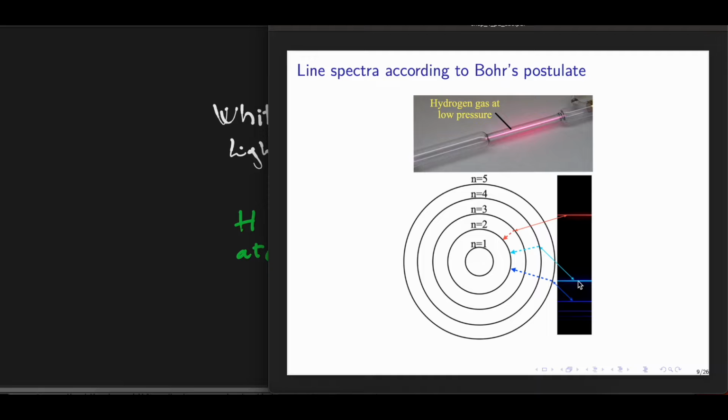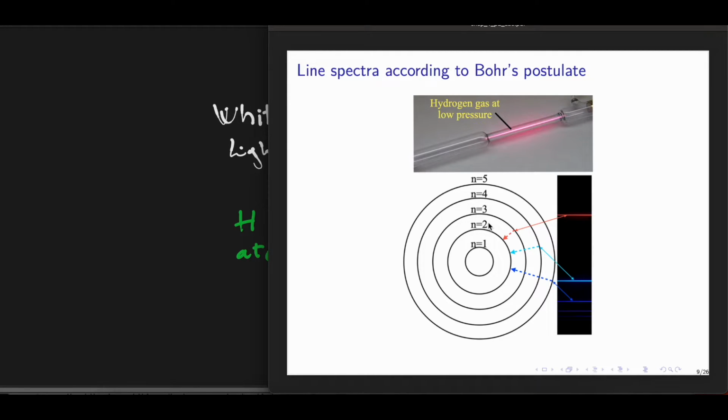And this green light is due to the transition of the electron from the fourth level to the second level, and this third line results from the transition from the orbit n equals 5 to this orbit. So each time that an electron moves between these orbits, it will radiate energy.